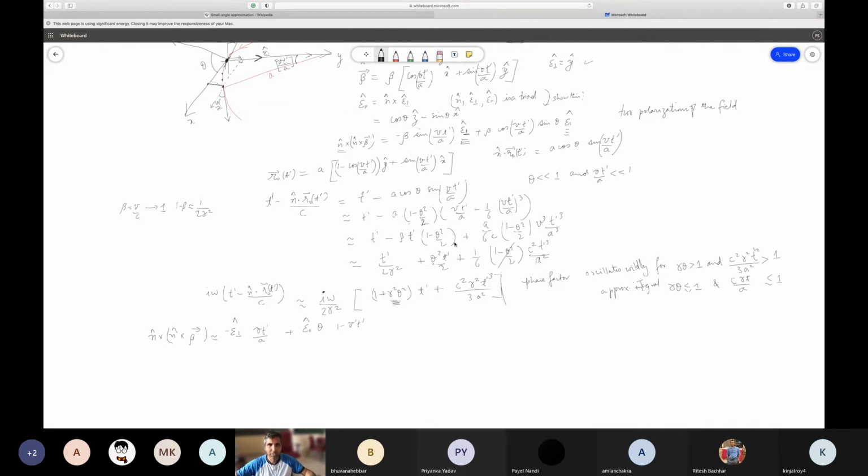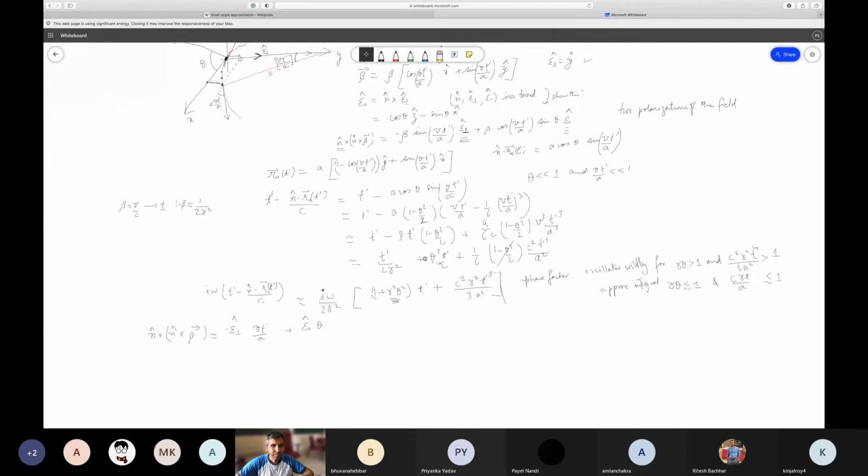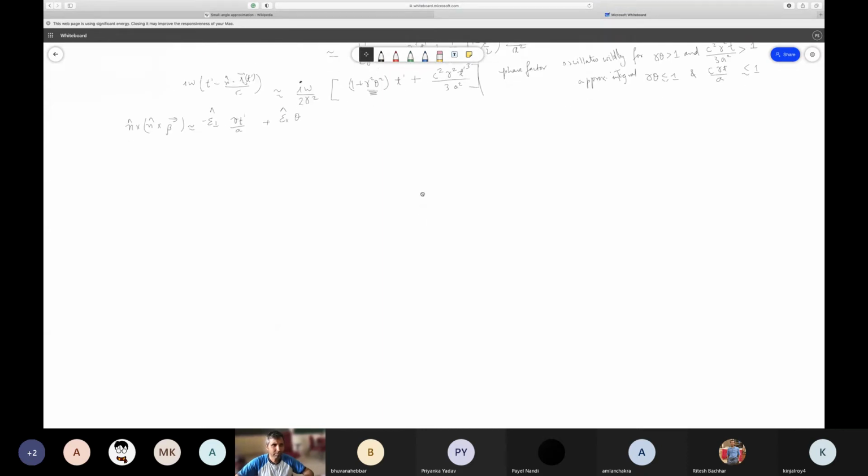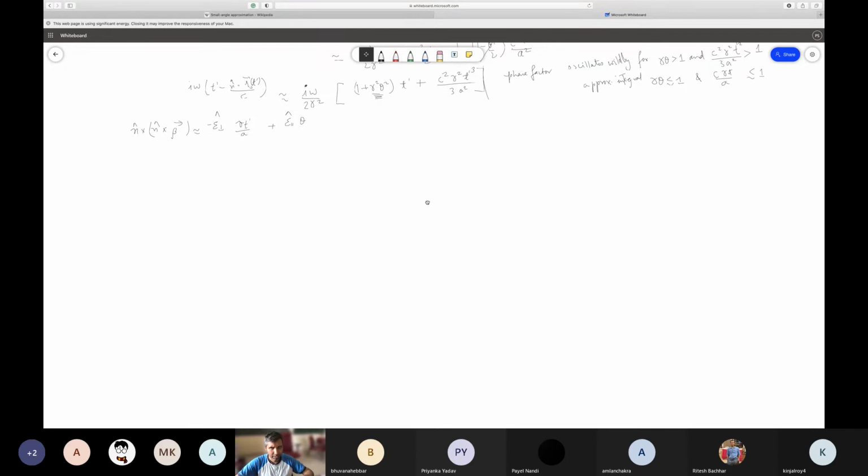I mean, this is anyway small. Theta is small, so we can actually neglect it. So we are only retaining the leading order expansion in the angles. Okay, so this is this, and okay, let's see.